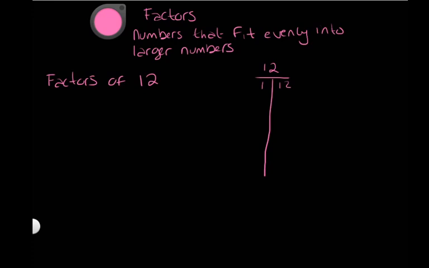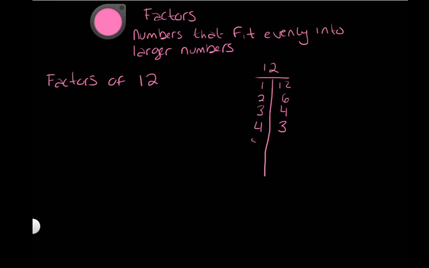Let's try 2. 12 divided by 2 is 6. So 2 goes evenly into 12 6 times. 3. 12 divided by 3 is 4. Because 3 goes evenly into 12 4 times. 4 is also a factor of 12 because 12 divided by 4 is 3.